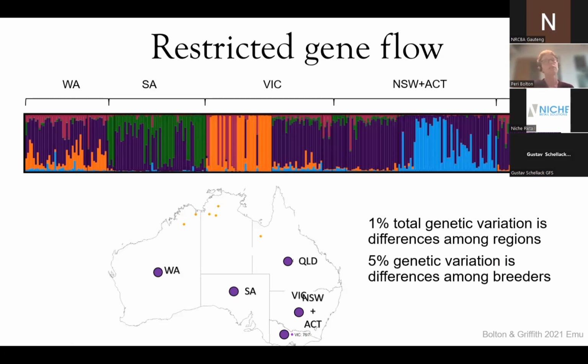We also found evidence for restricted gene flow. We can see clusters that come out according to region, but differences among breeders are much more important. 5% of the genetic variation is due to differences among breeders.